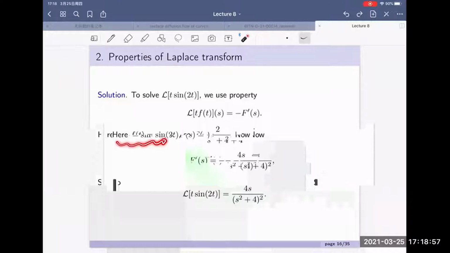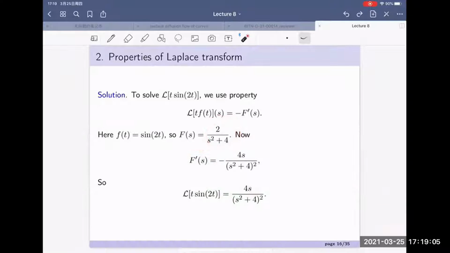And if you look at the table, you can immediately find what this capital F is. Then you take a derivative of this. I'm sure that you can find the derivative of such a function of a single variable s. If you find the derivative, you get this. Then you should multiply this by -1 to cancel this.